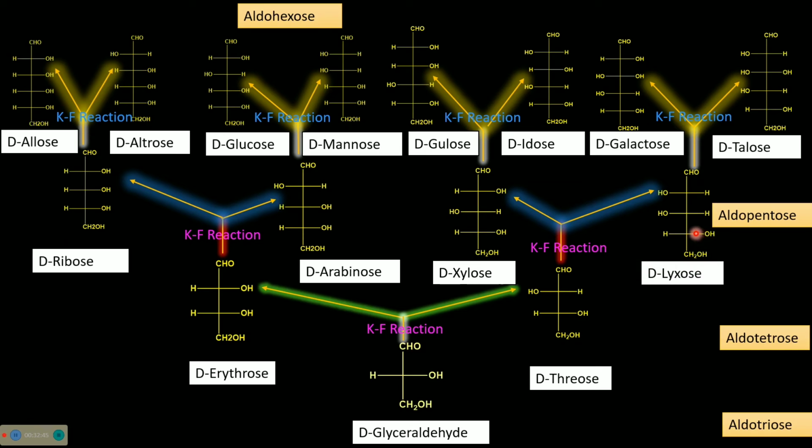D means the bottommost chiral carbon, whose stereochemistry is D in nature and it is fixed. In all the aldoses, whether aldohexose, aldopentose, aldotetrose or aldotriose, the bottommost OH is on the right side, and that's why they are D in nature. So naturally occurring aldoses and ketoses are all D in nature.